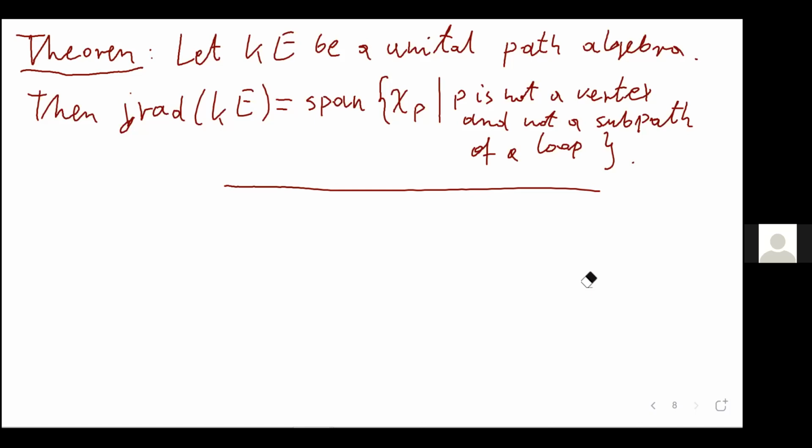I don't know where it is done, but I don't believe it is not done, because it's a very obvious question. The Jacobson radical is used all around path algebras. So everybody must have asked themselves the question, what is the Jacobson radical of the path algebra, at least of the unital one? But okay, we give an answer.